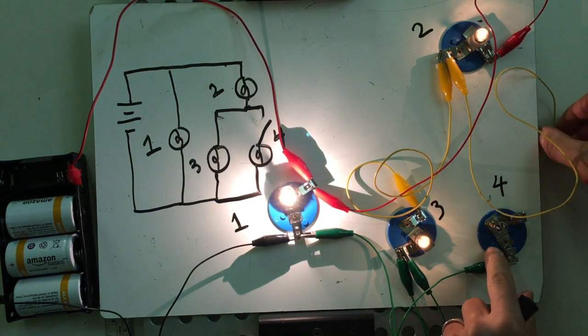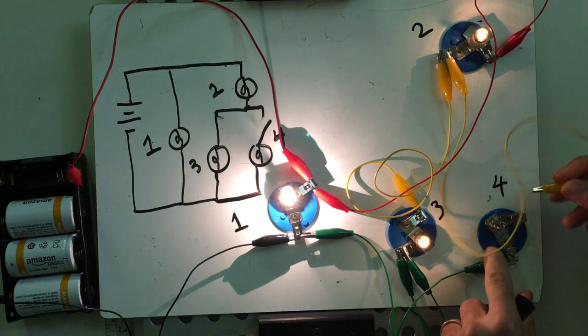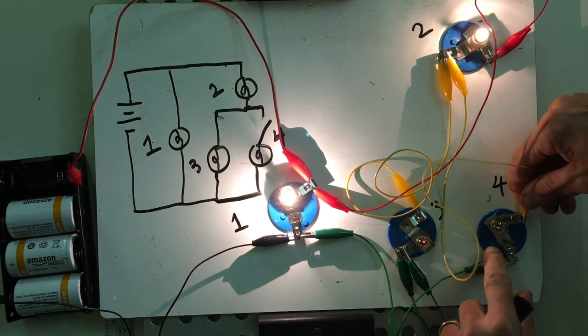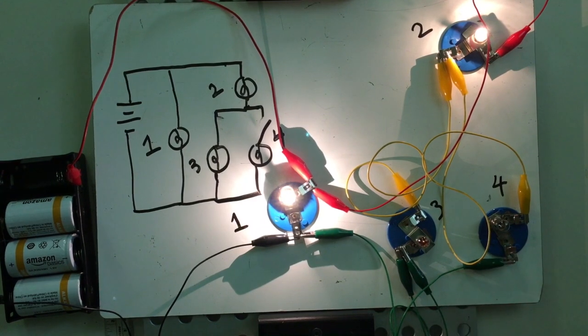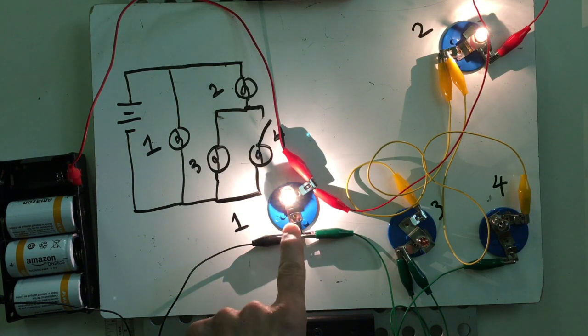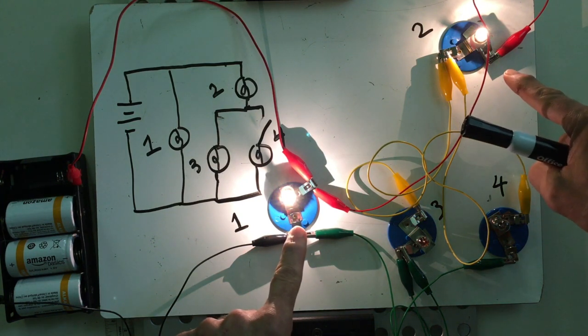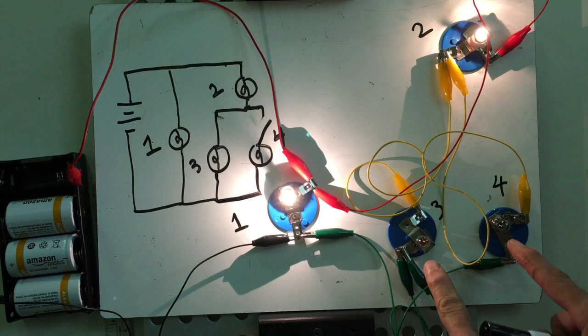Now I'll connect bulb 4. Look at that. That's pretty cool. Now, it's kind of hard to tell, but 1's the brightest, 2's the second brightest, 3 and 4 are very dim. 4, it doesn't look like it's on at all.